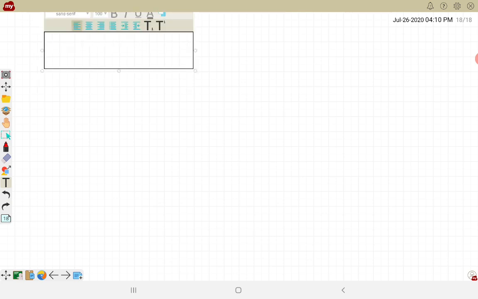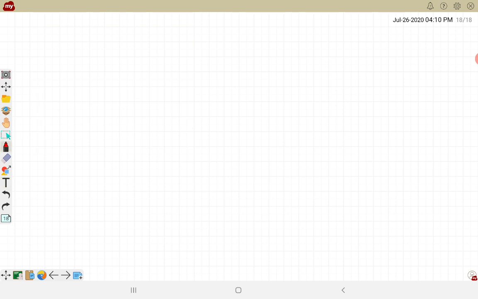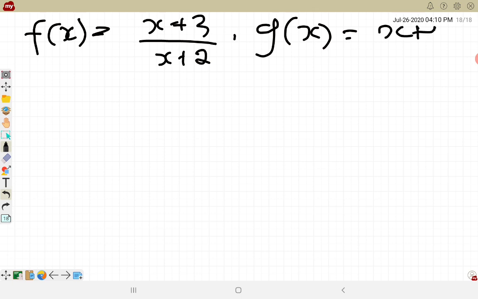Now given that f of x is given as x plus 3 all over x plus 2, and g of x is given as x plus 1 over x minus 1.